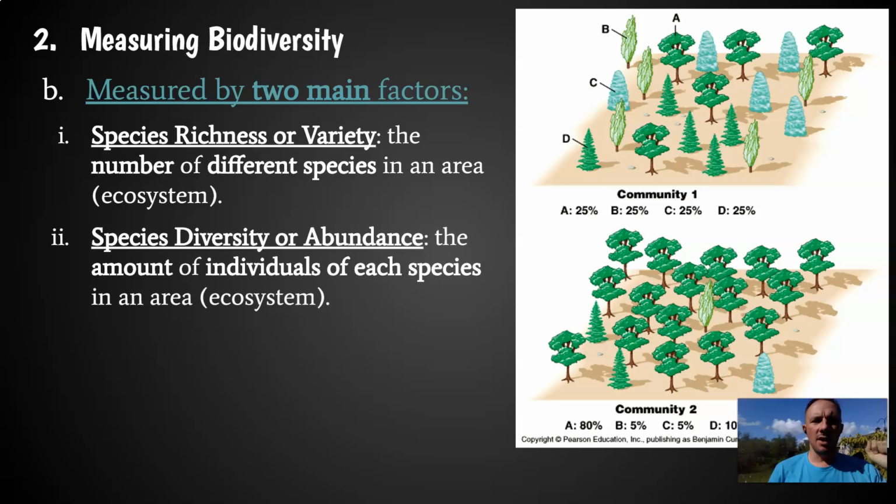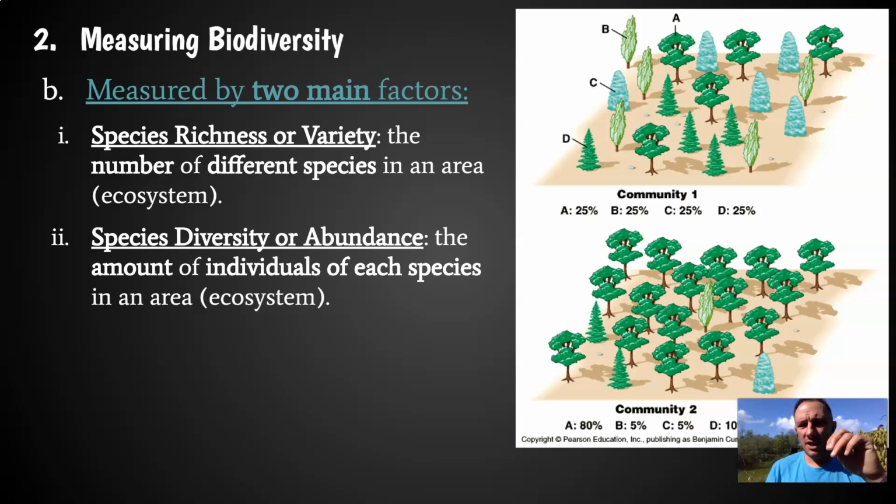The other is species diversity, or abundance: the amount of individuals of each species in an area. So what I'm looking at here is not just how many blades of grass are in the area, or how many spirea plants are in the area. Not the variety, but how many of each are in the area is what I'm trying to get at here.